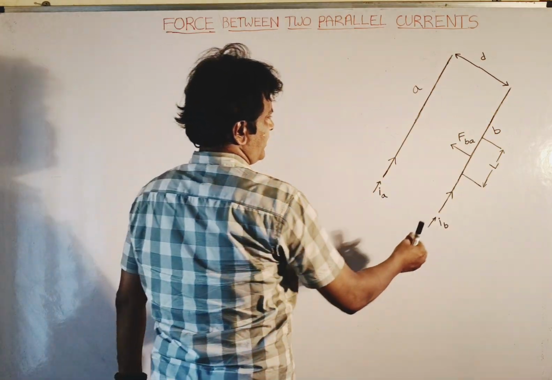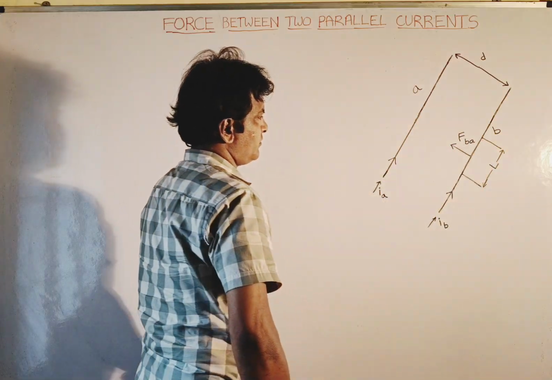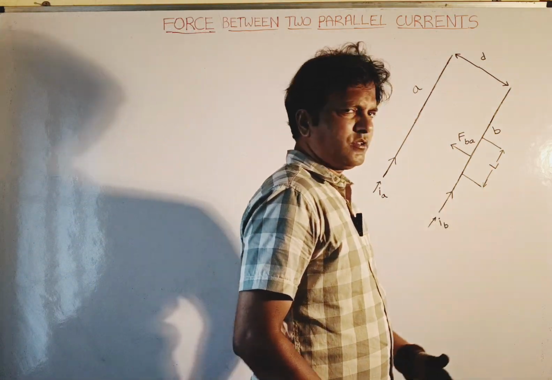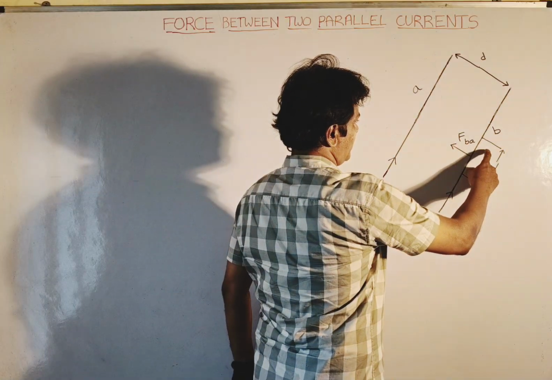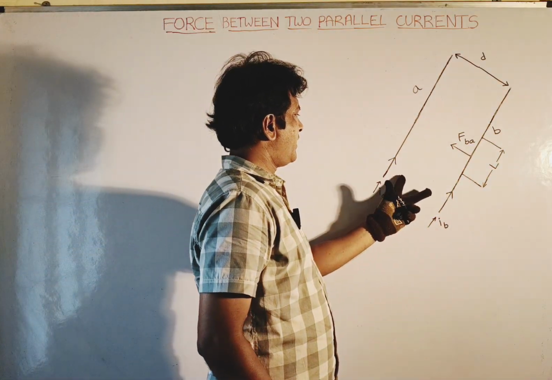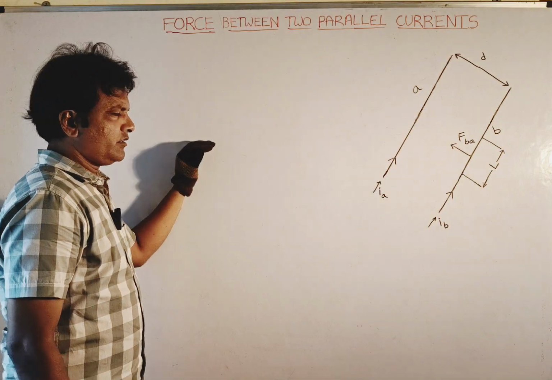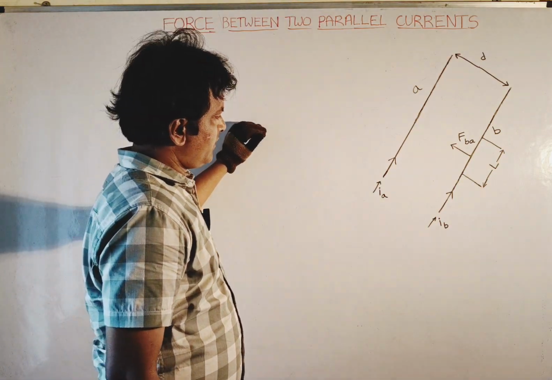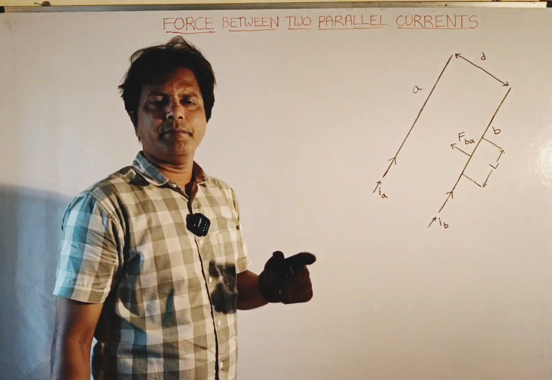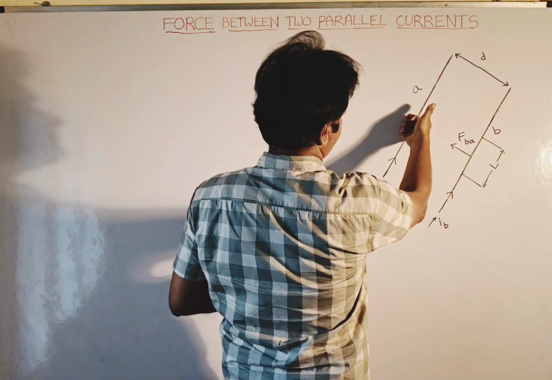Okay, and this is the length of the conductor we have considered, where we will calculate the force on this particular length. So, two conductors which are parallel carrying two currents. We know that according to Biot-Savart law, the conductor carrying current will have a magnetic field around it like this.